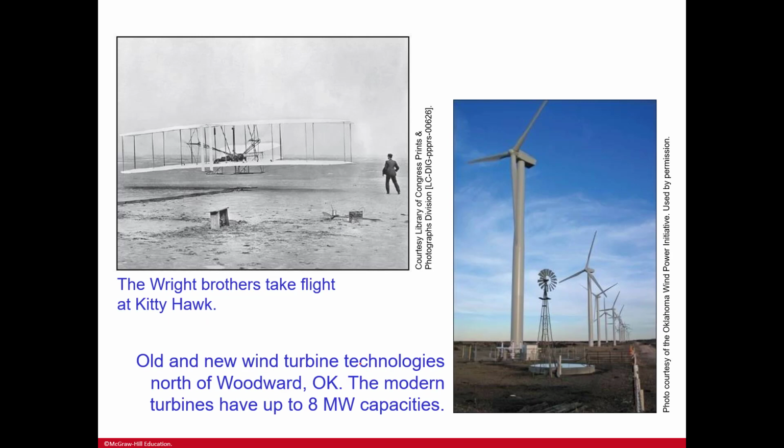The Wright brothers take flight. So of course we've got the flow of air, right? We've got gas and liquids, right? Old and new wind turbine technologies. So here you see the difference. But mechanically, very, very different, right? Able to harness tons of the ability. So this is the old version and this is the new version.